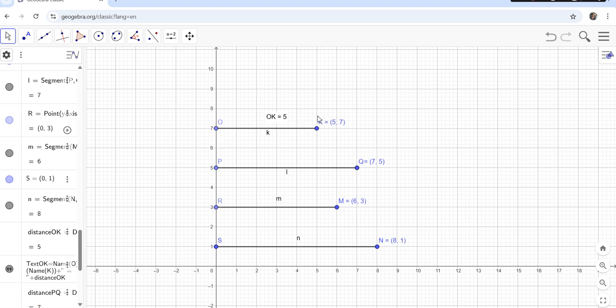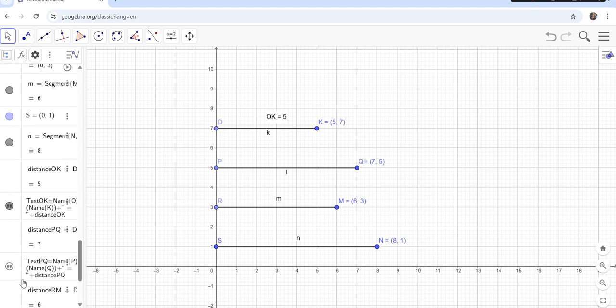Now dear students, we'll check the length of OK. Yes, it is 5 unit. And dear students, observe the coordinates of point K. Yes, and 5 is the x coordinate of point K. Let's move further. Let's visualize more. Yes, the length of line segment PQ is equal to 7, and you can see the x coordinate of point Q is 7.